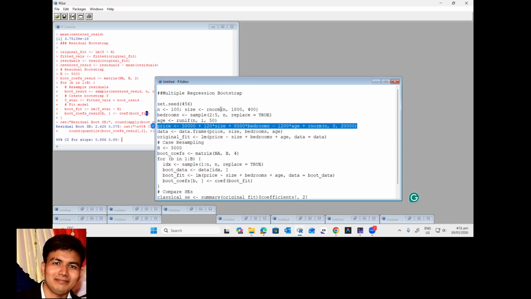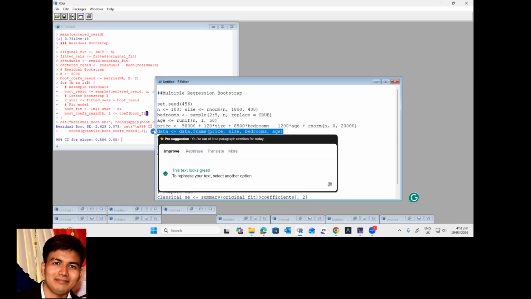The effect of the age is minus 1,200 per year, which means older houses are cheaper. And then the random error adds an independently normally distributed error with mean 0 and standard deviation 20,000, representing the unobserved factors affecting the price.